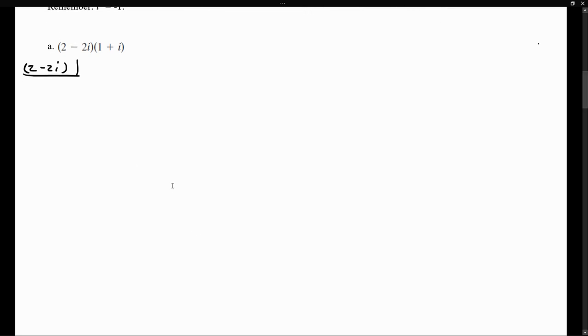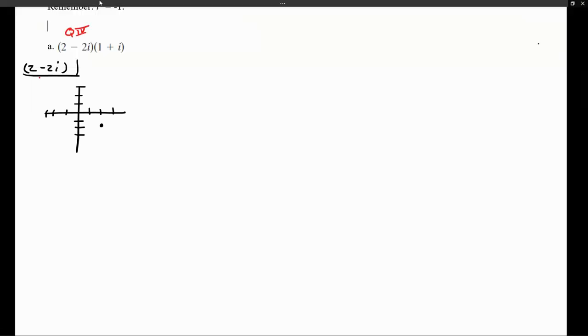Let's try to rewrite this number in its trigonometric form. Well, first, let's identify its location. The location is at positive 2, negative 2, so it's about right here. So I know that this point is going to be in my fourth quadrant. So let's actually try to write down this complex number using trigonometric form.